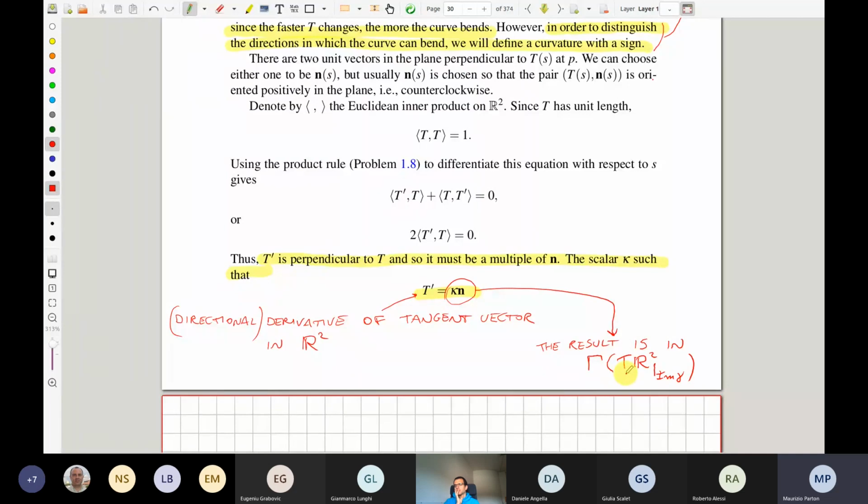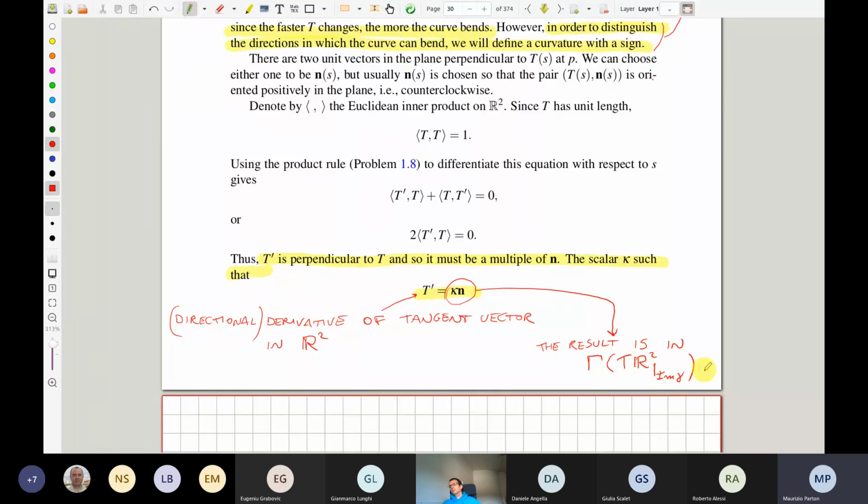Just a matter of terminology, and I'm not saying anything fancy. I'm just saying, I would say, trivial things. The normal vector is a vector in R^2, at that point, so it is a tangent vector at that point. But I'm considering the normal vector not on all the space R^2, only on the image of the curve.